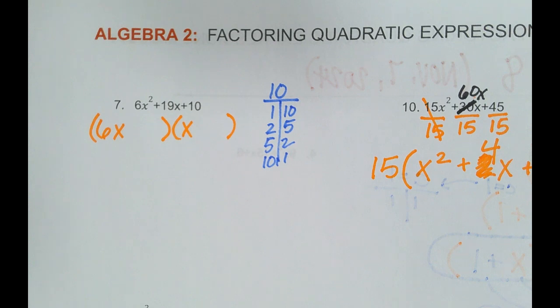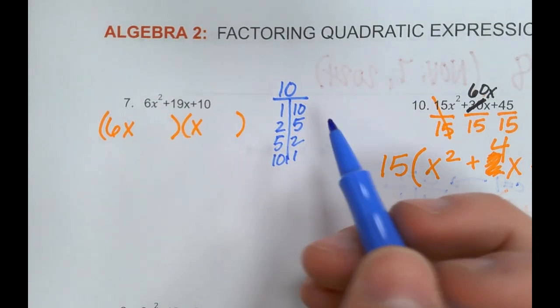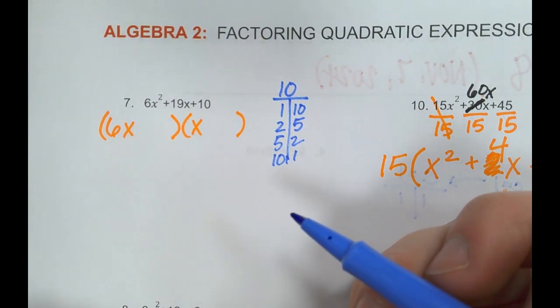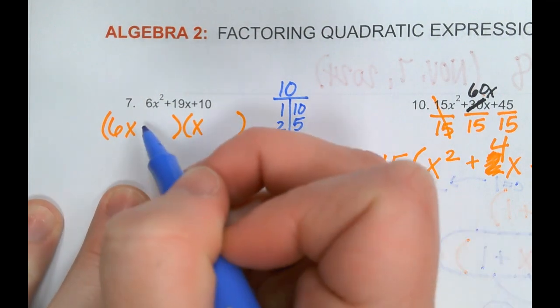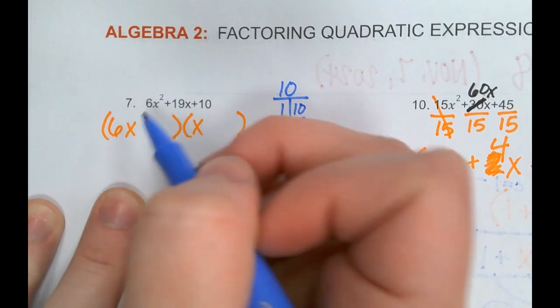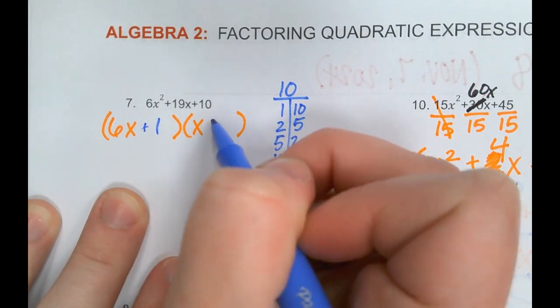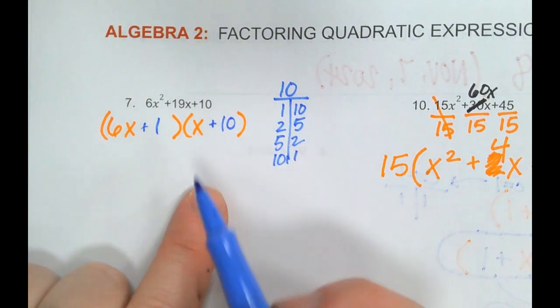I guess we can just start trying them. Okay, you guys ready to strap in and be here for this long process for a minute? We're going to do some trials. Okay, let's try 1 and 10 first. Plus 1 plus 10.